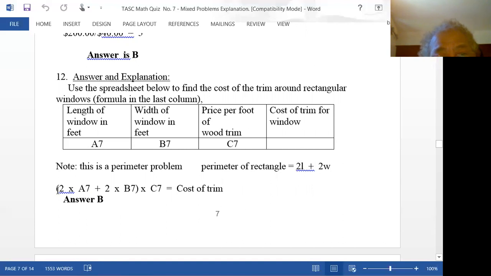So, substituting in this formula, 2 times A7, notice that's the length, plus 2 times B7, that's the width, and that's going to give you the perimeter. Multiply that by the price per foot, and you will have the cost of the trim in this column, okay? All right, so that would be the cost of the trim.